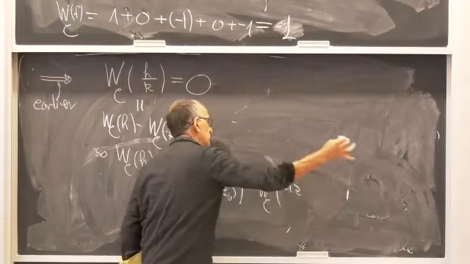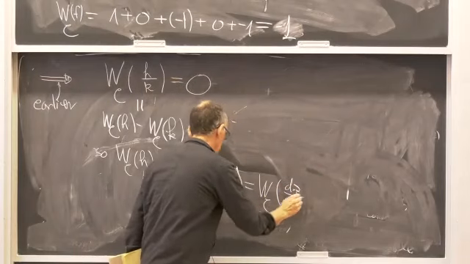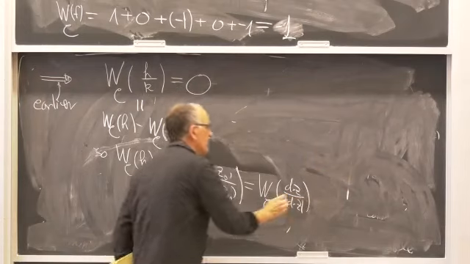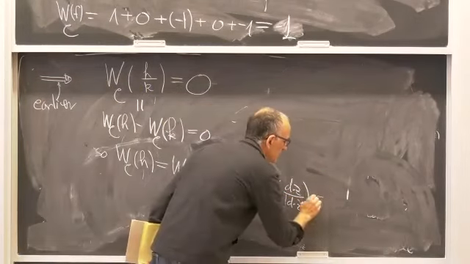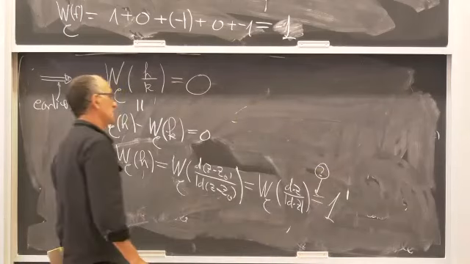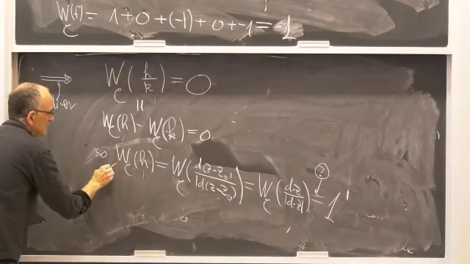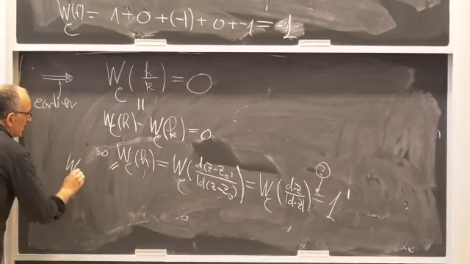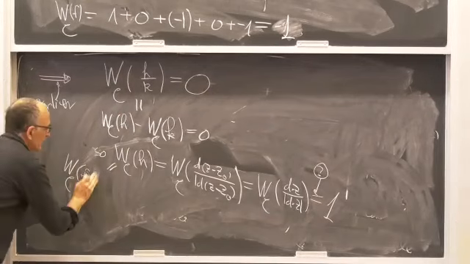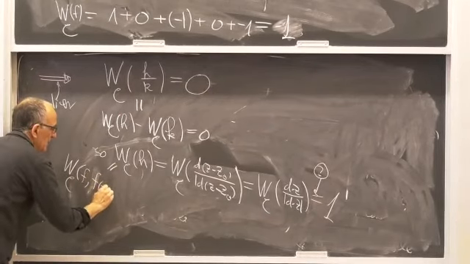You translate everything to 0, d times z over the absolute value of d times z. And this is a small computation. It's basically the identity on the circle. So you can verify, and this is exactly by definition the winding number of f around.